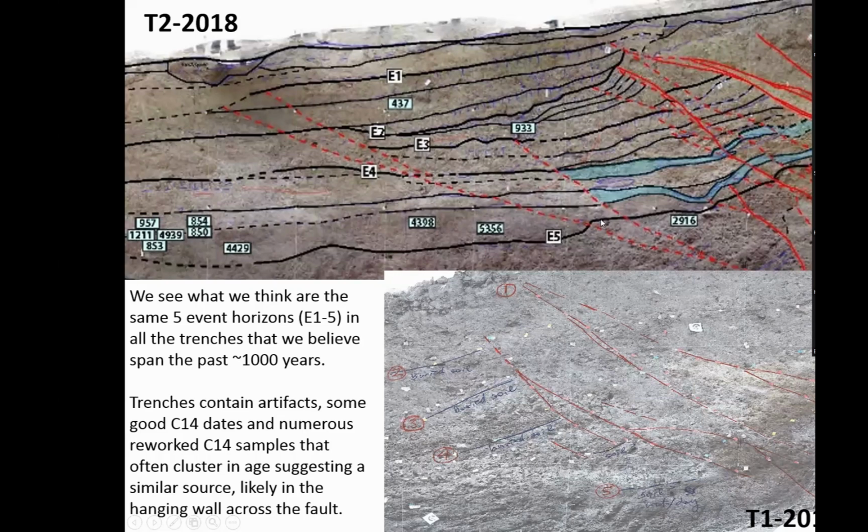And we also consistently see 3 or 5 earthquake horizons. So for example, you can see that this fault cuts this wedge, this crosses the fault, the next one crosses it. And I'll show you some more examples of cross-cutting features. But essentially, we see these wedges, and there's actually soils on them.